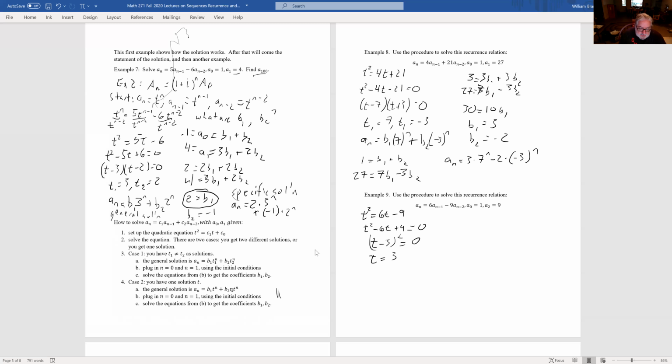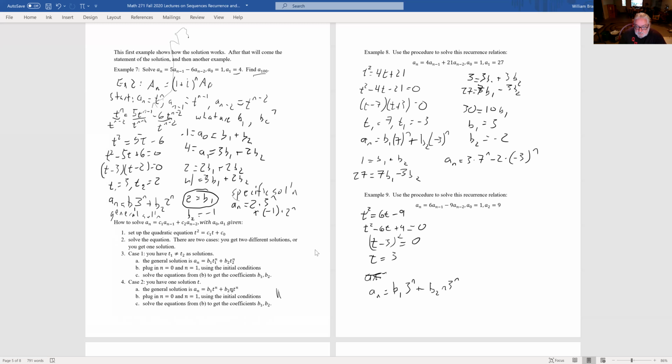So what's our general solution? A sub n equals B1, 3 to the n, plus B2 times n times 3 to the n. So that's our general solution.